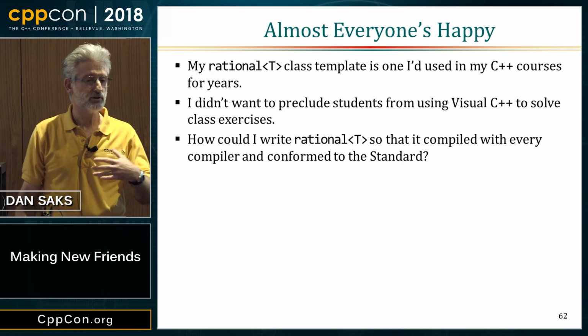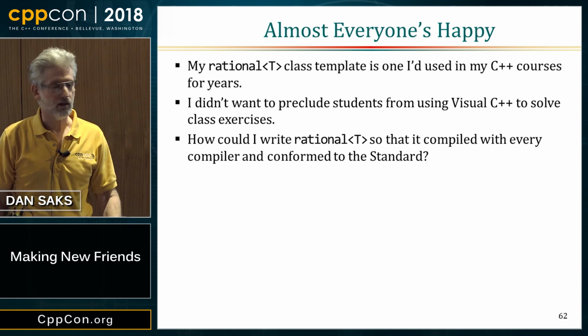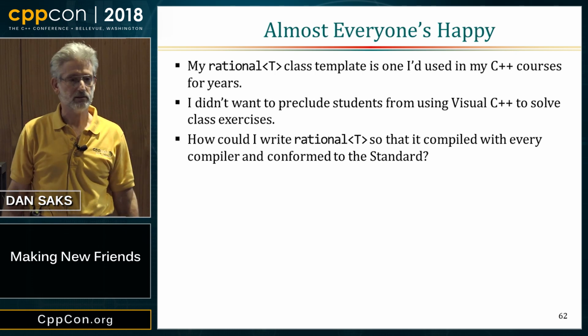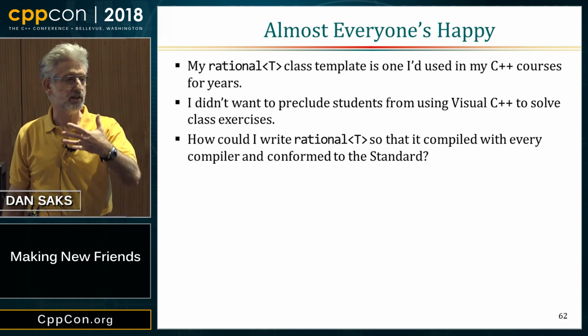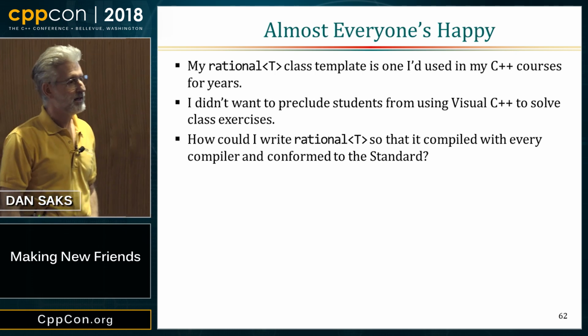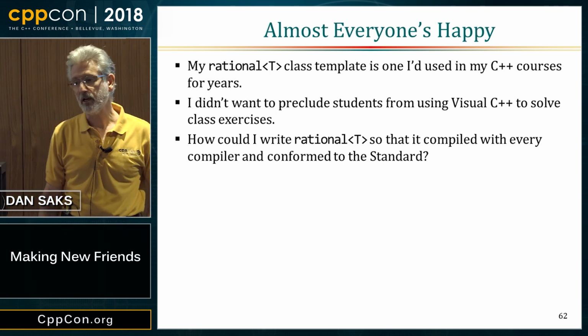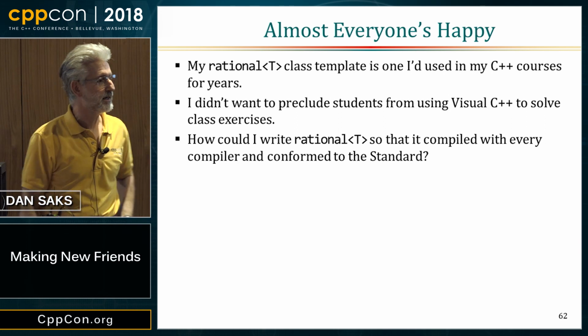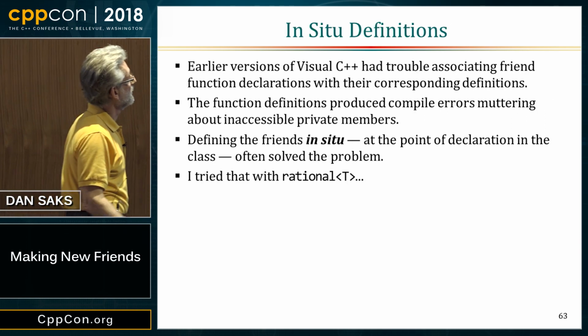I almost invariably solved the problem by saying, just take the function definition and put it in the class. Now the declaration and the definition are all in the same spot, and the compiler wasn't confused anymore. You didn't have to struggle to match up the declaration with the definition.